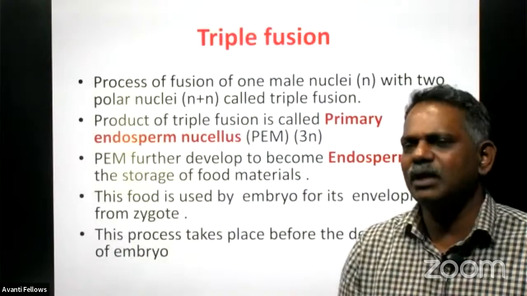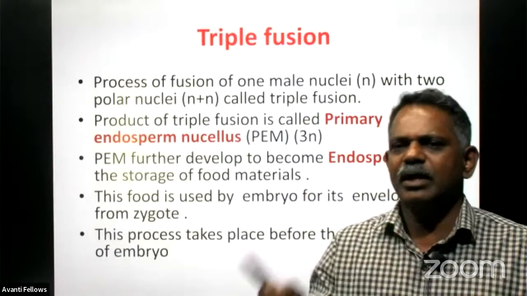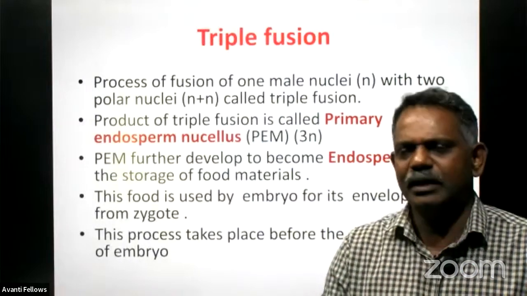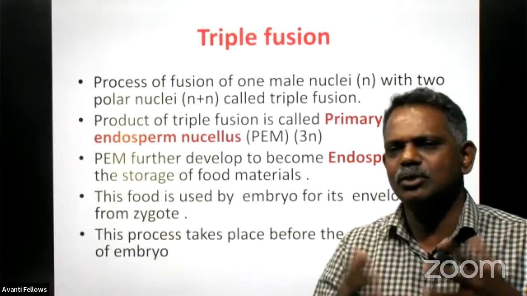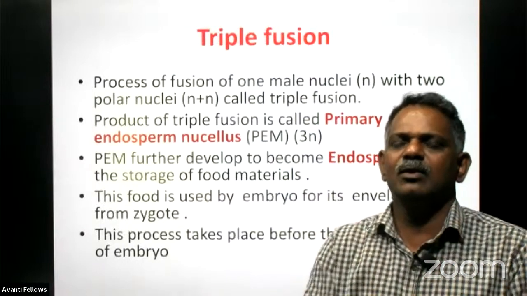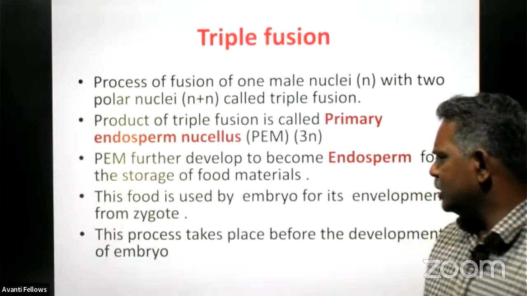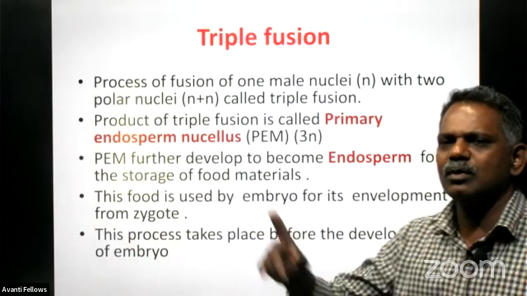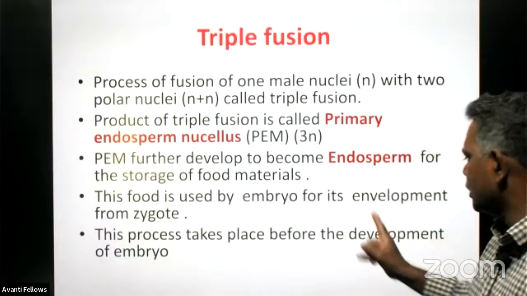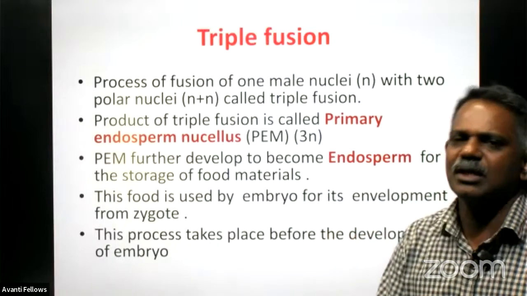So naturally, after double fertilization, the primary endosperm goes for division and development, and it will be converted into endosperm and store food material. After the storage of food material in the endosperm, that food is utilized by the fertilized egg to convert into an embryo. So this process takes place before the development of the embryo from the zygote.